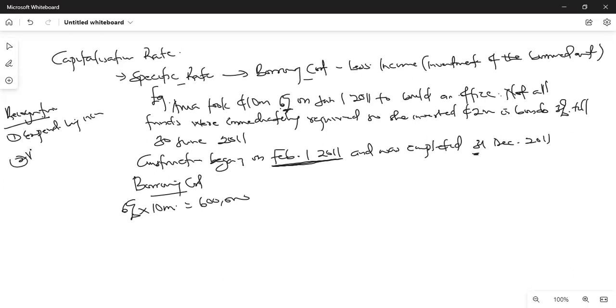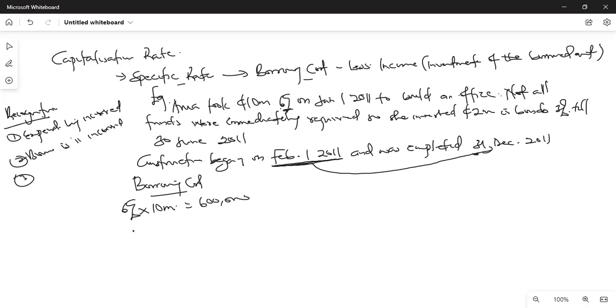Number two, borrowing cost is being incurred. Number three, activities have commenced. Now, when was the activity commenced? This is where the activity commenced. So our counting of timing must start from February to 31st December, which is 11 months.